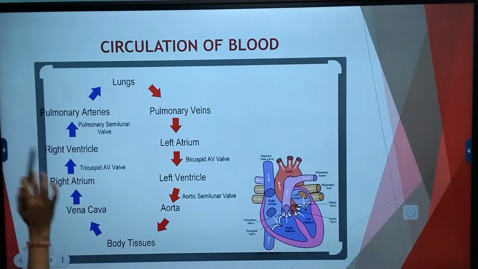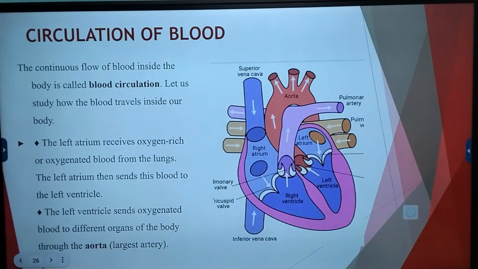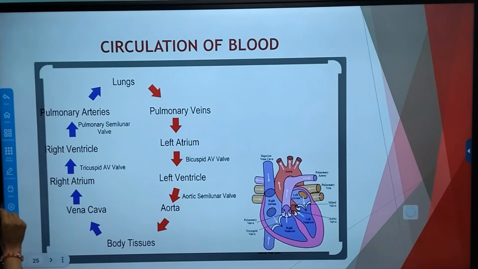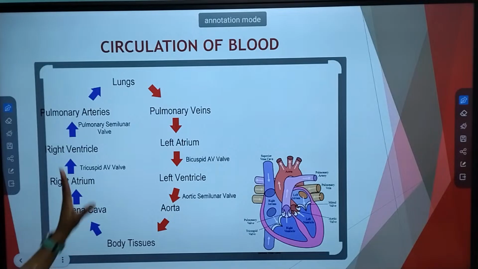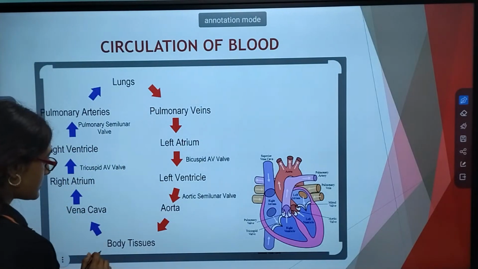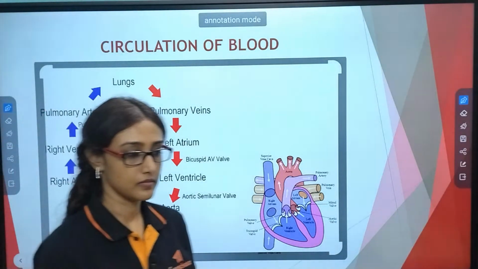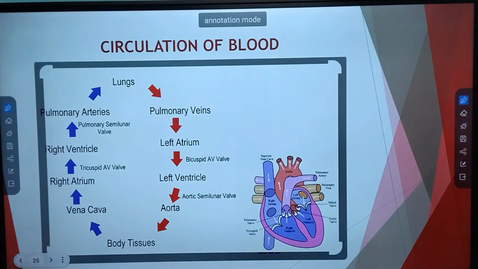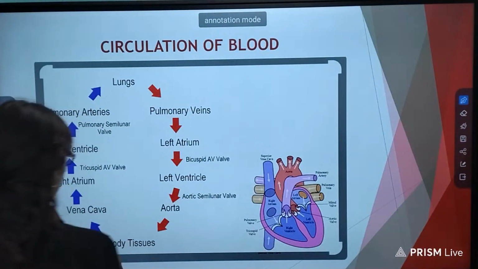Now see, circulation of blood. First see, your body.